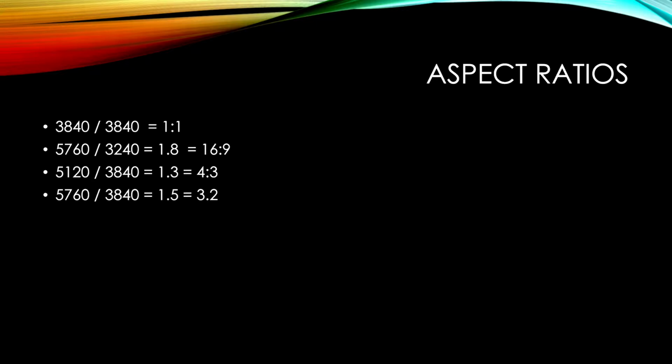And by this calculation, it will show you what your aspect ratio is. Once you know your aspect ratio, you know what to expect if, say, you're going to send these photos to get printed. You're going to know, okay, with this aspect ratio, these are the sizes that I'm going to be able to print with no cropping issues.